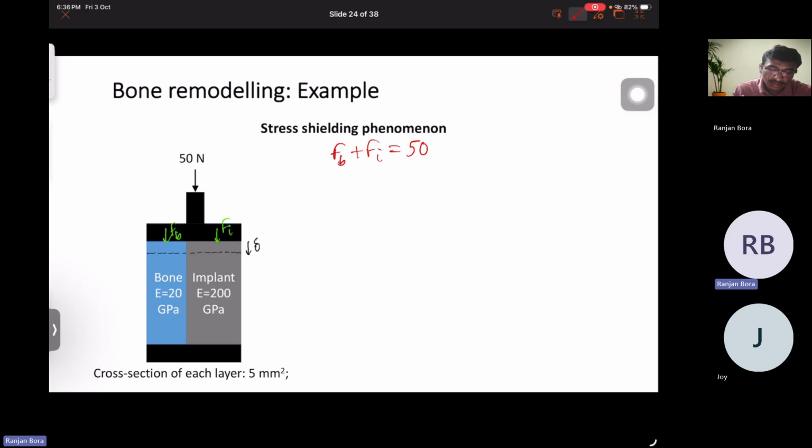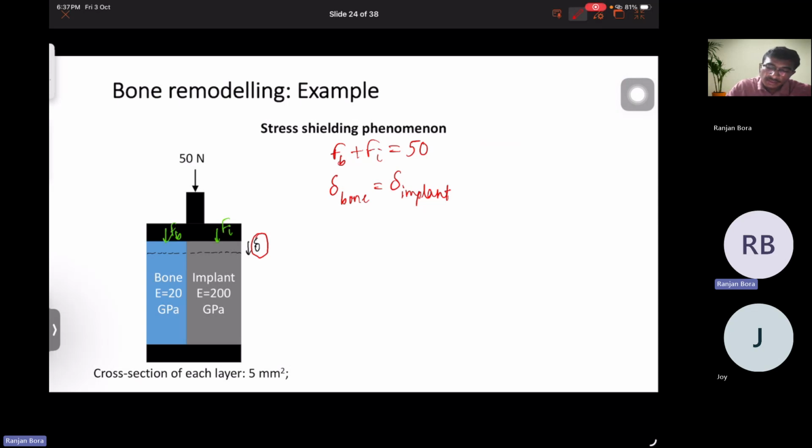And since bone and implant are in contact with each other and bonded, they behave like a composite type of material, and because of that the deformations will be equal. That means the deformation in bone is equal to the deformation in the implant, because the bone and implant are getting compressed by the same amount of delta.